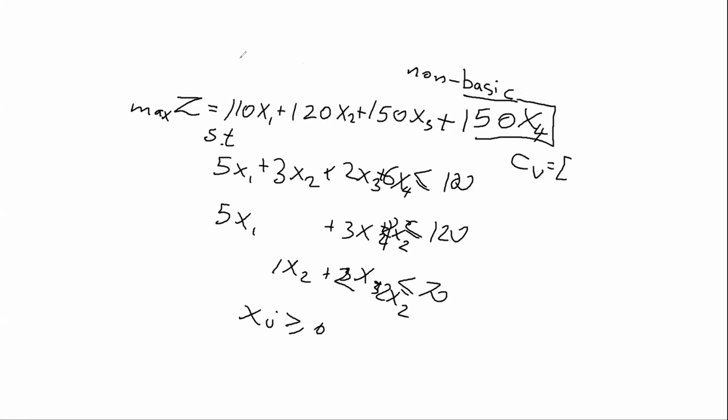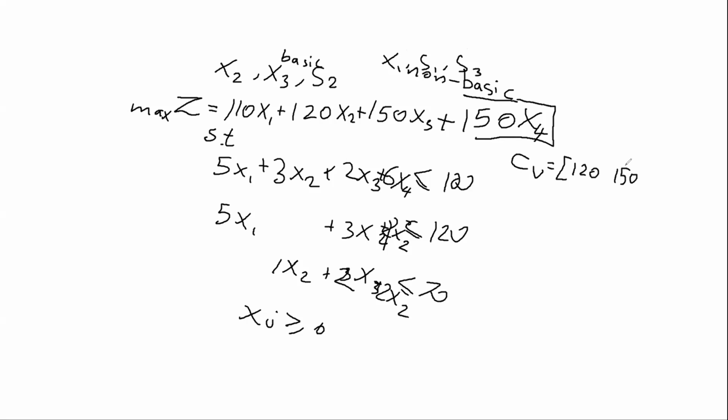So originally, the original problem says X2, X3, and S2 are the basic solution. So X1 and S1, S3 are considered the non-basic solution. So CV will be 120, 150.